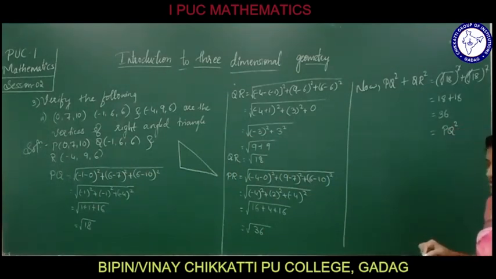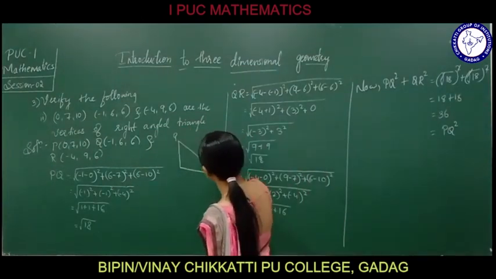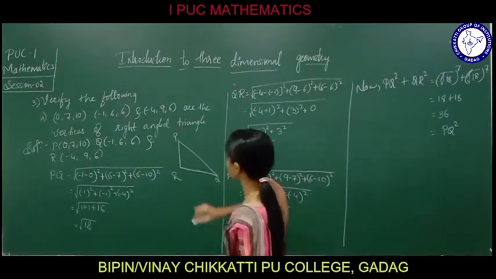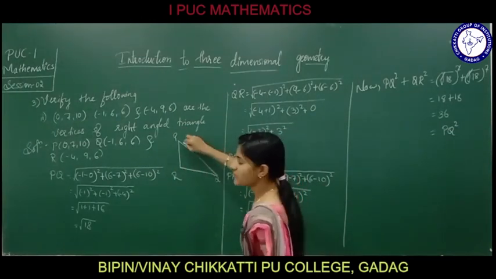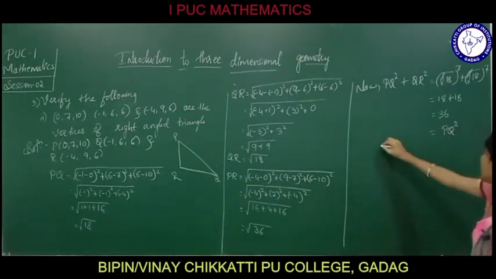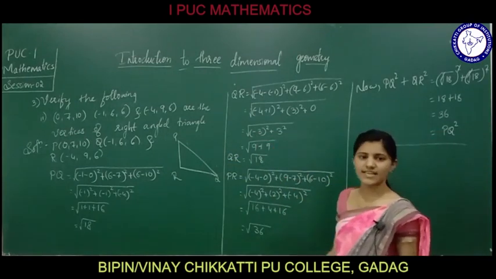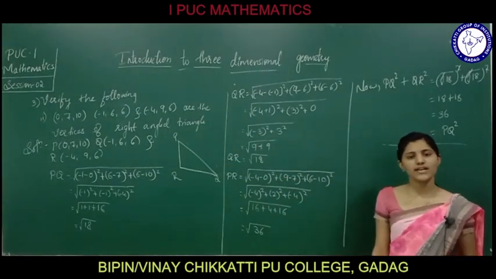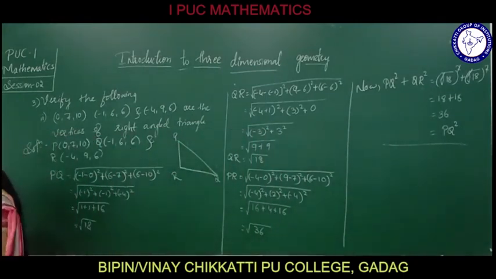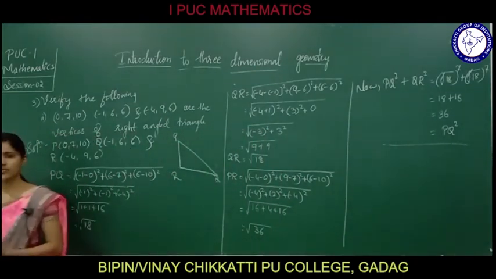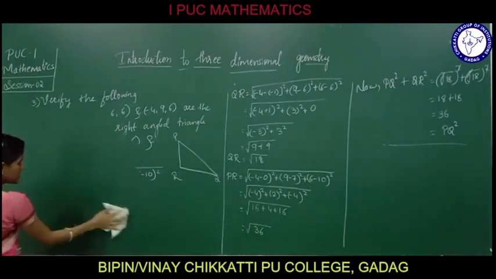So by Pythagoras theorem, PQ square plus QR square is equal to PR square. With the help of this Pythagoras theorem, we got to know that these three vertices are the vertices of a right angled triangle. I hope you all have followed this problem. Let us proceed with another problem under this same question, question number 3.